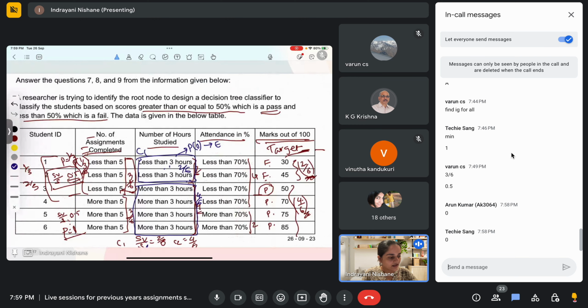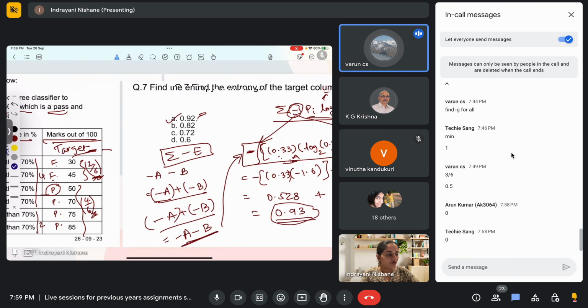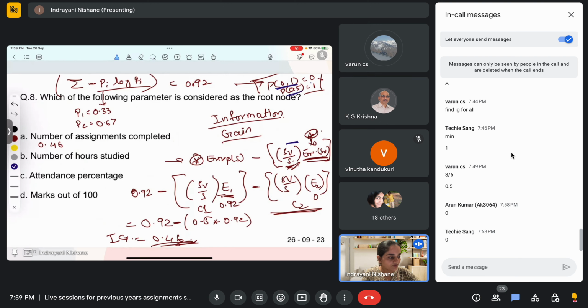Now the second class, which is number of hours studied more than 3 hours. What is the probability of passing for these 4 students? 1. So what will be the entropy? 0. So this term will again be 0 for the second class also. So this entire term will be 0.